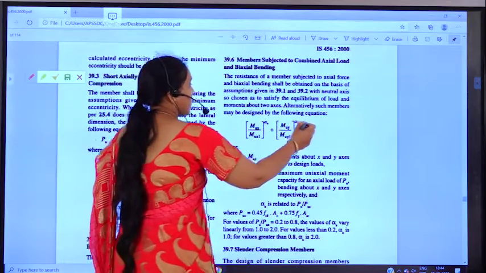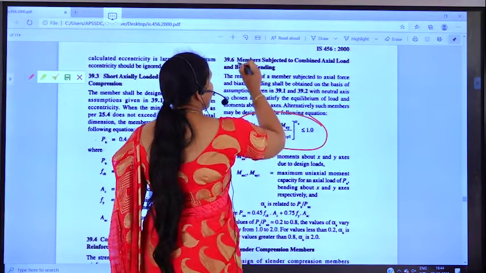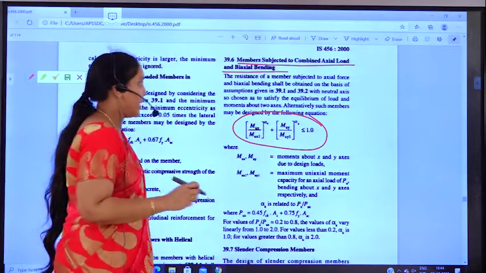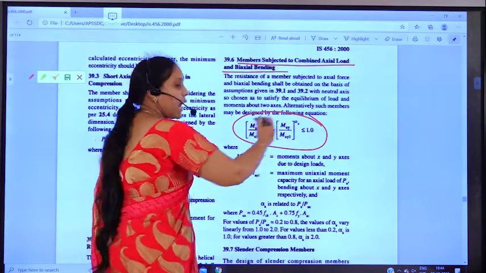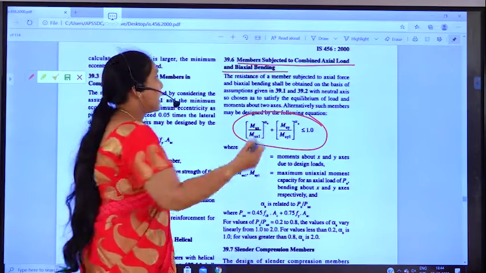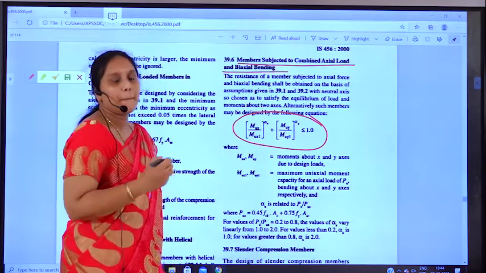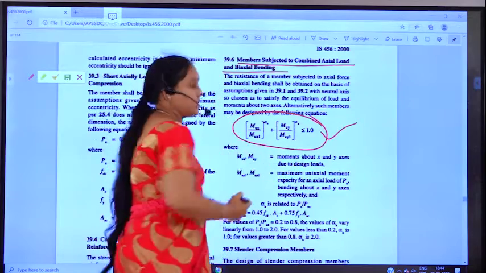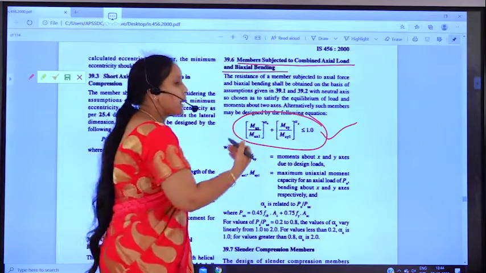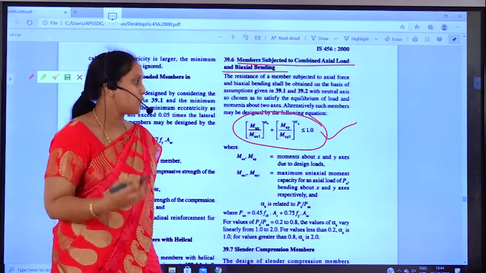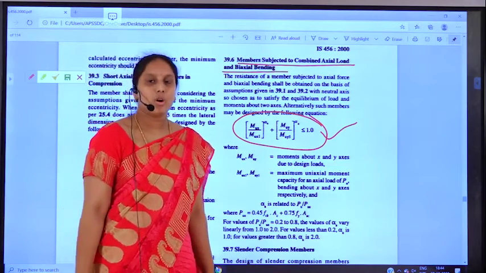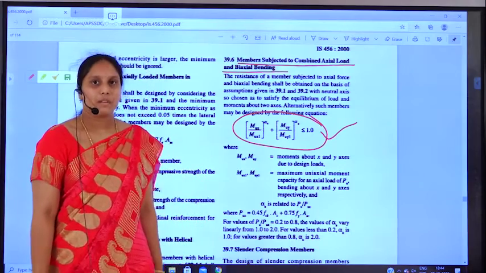This is the equation given for members subjected to combined axial load and biaxial bending. Based on this equation only we have to do the design for combined axial load as well as biaxial bending, and this has to be satisfied. How this is done we are going to discuss while solving the problems. So this is how the design of the columns is to be done. Thank you.